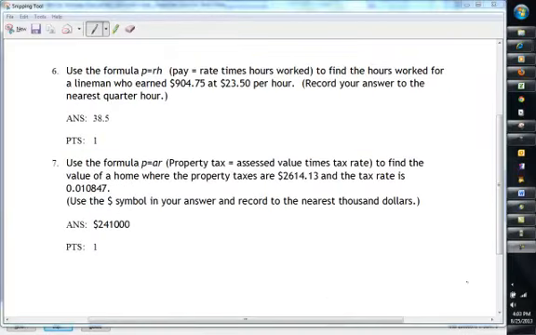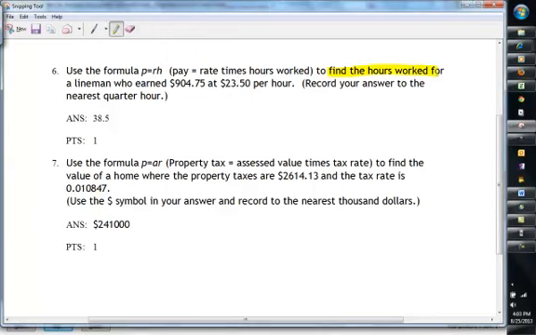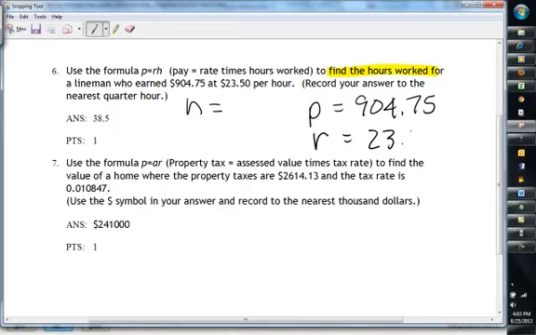Next, where we have the same formula here, the pay is rate times hours worked. Now it says find the hours worked, so H equals, all right, and we've got P is 904.75, rate is 23.50.